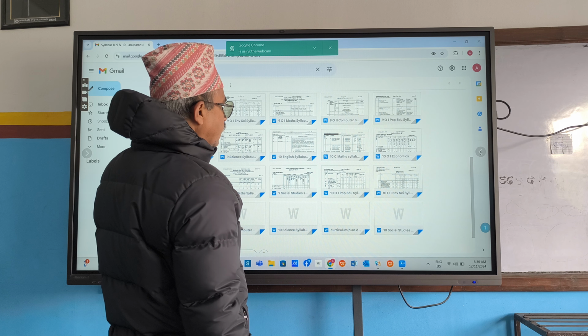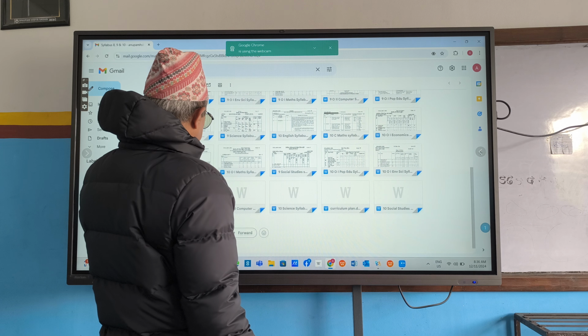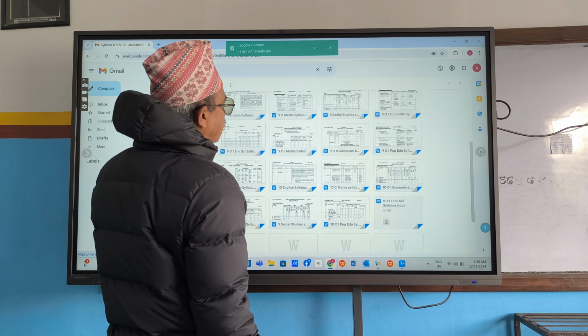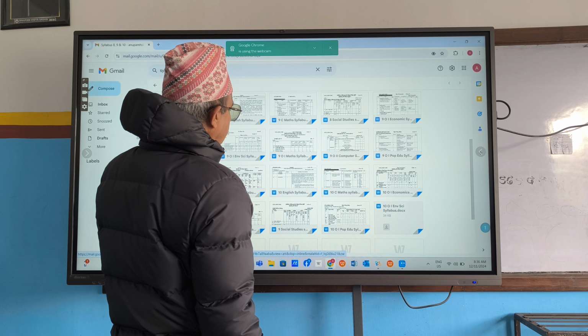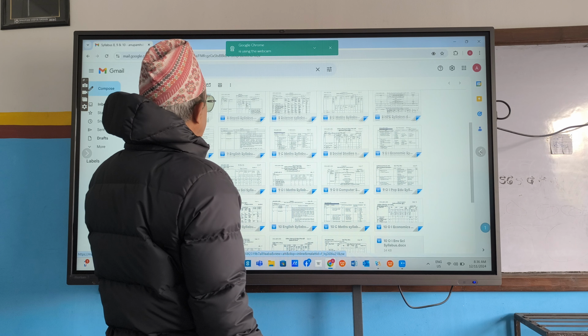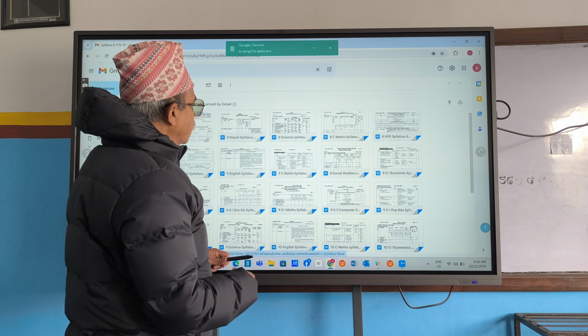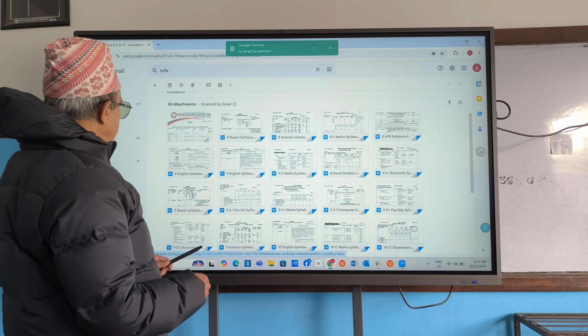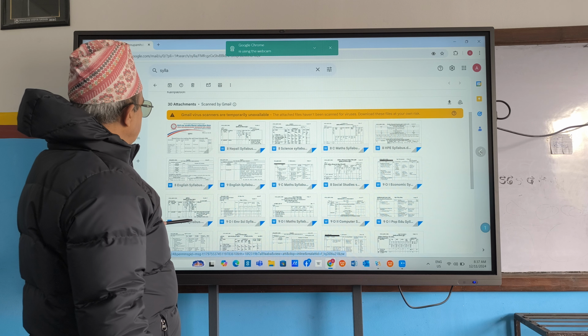So where is 9? 8 science, 8 cement, 8 PG. So there is 9 environmental science.